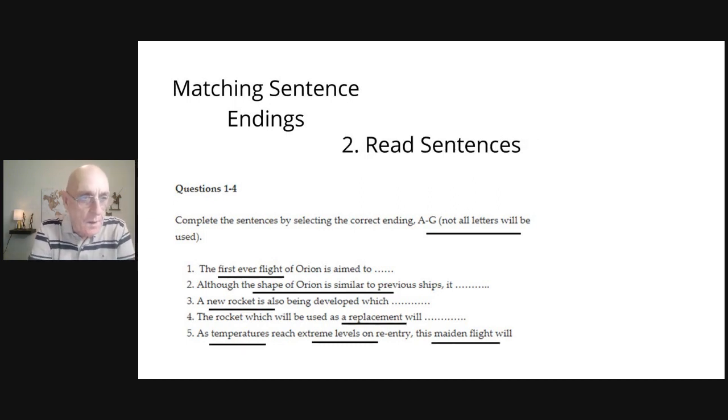We'll only be using the 5 that are appropriate for answering each of the questions. So the first thing we want to do is read the sentences to become aware of the topic of the sentence, and also be aware that we won't find these exact words in the text, so there will be some paraphrasing and synonyms to be aware of.